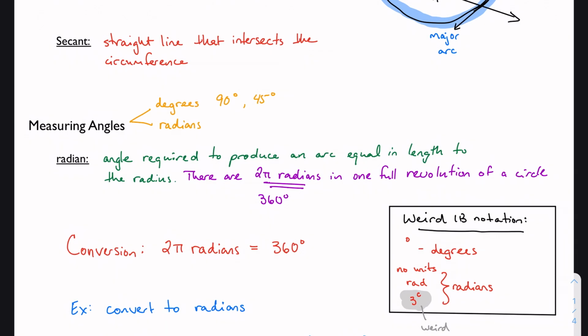Sometimes we call radians a unitless measure. That's a discussion for another time. And sometimes you'll see this superscript C. I haven't seen it until this book, but just so you're aware of it.